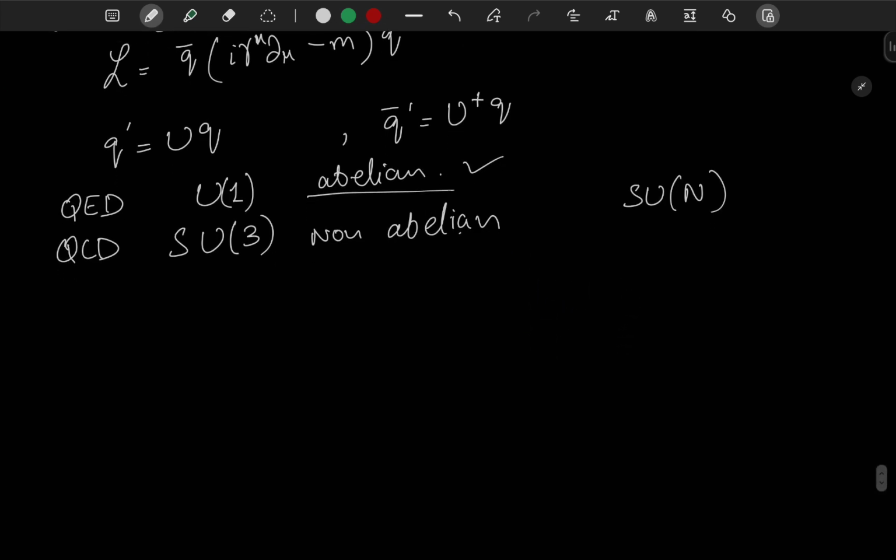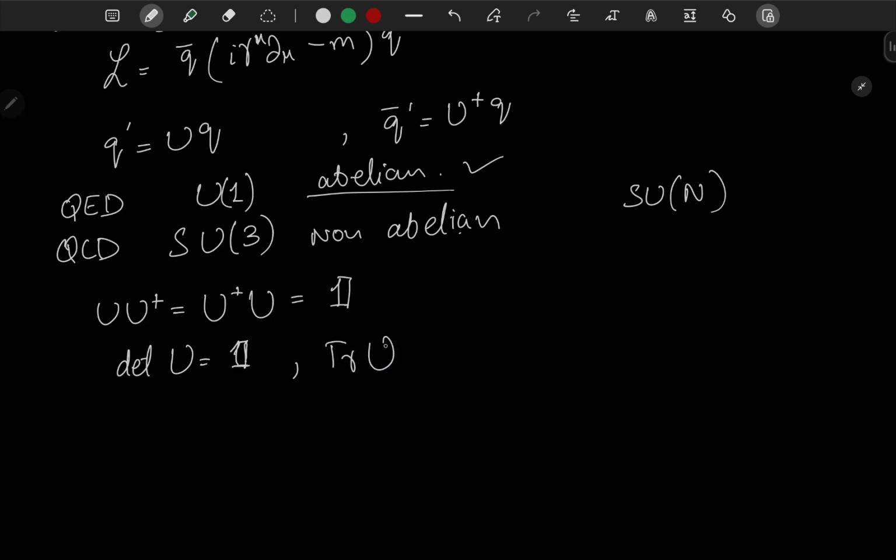Okay, so let's talk about this unitary operator. This unitary operator follows some rules: U dagger U is equal to unity, and further, the determinant of U will be 1 and the trace of U is 0, and it will have this form: U is equal to e to the i T_a theta_a. Okay, T_a, we will see that these will be the generators of this group.